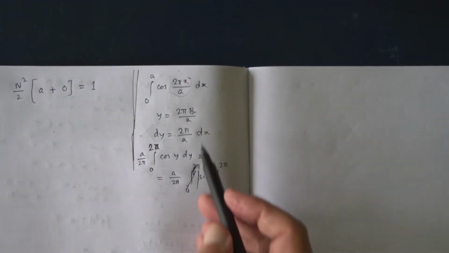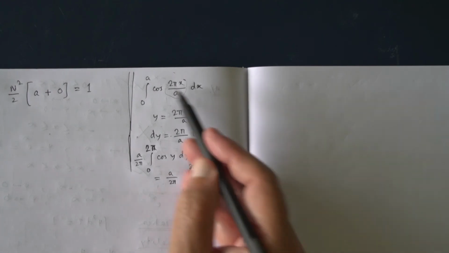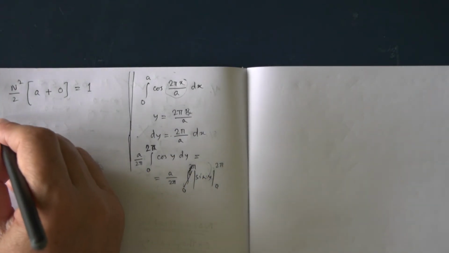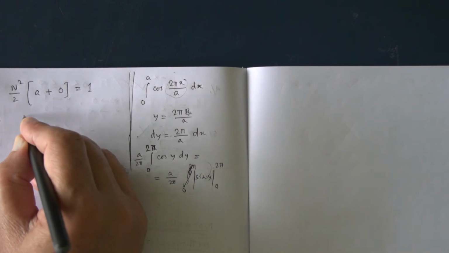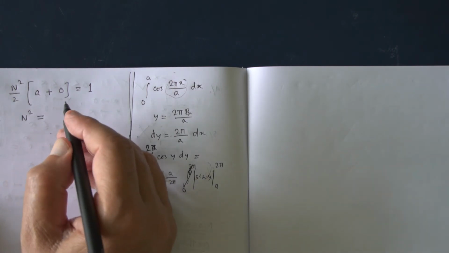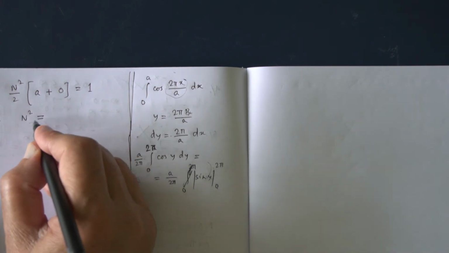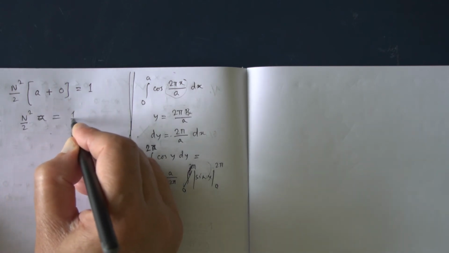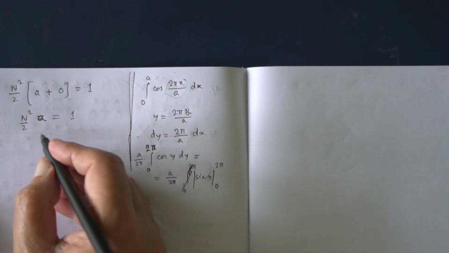In examination, you have to show all these things. So n square by 2 into a equal to 1. N square by 2 equal to this.